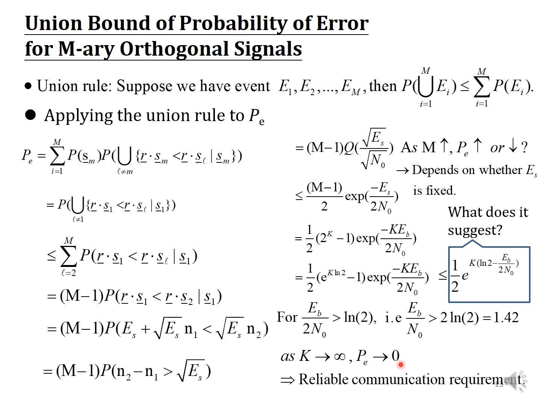However, if Eb over 2N0 is smaller than ln2, then this upper bound could be greater than 1, because this becomes positive and k is a positive integer, so the whole thing becomes greater than 1.